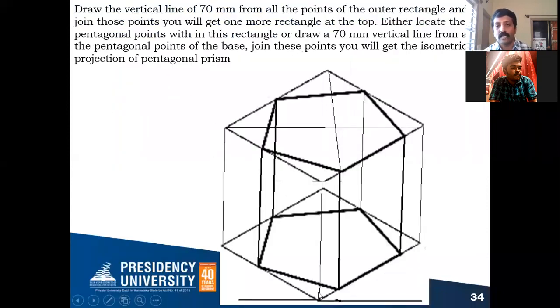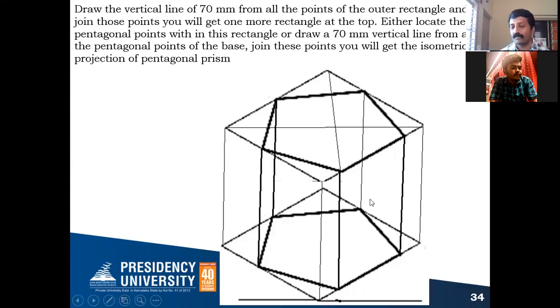I draw a vertical line from all the 4 corners of your rectangular box, which is equal to 70 millimeter. Now you join these 4 points, so you are going to get one more rectangular box. To get the top face of your pentagon, you can mark the same corresponding points on all the sides and then join them.